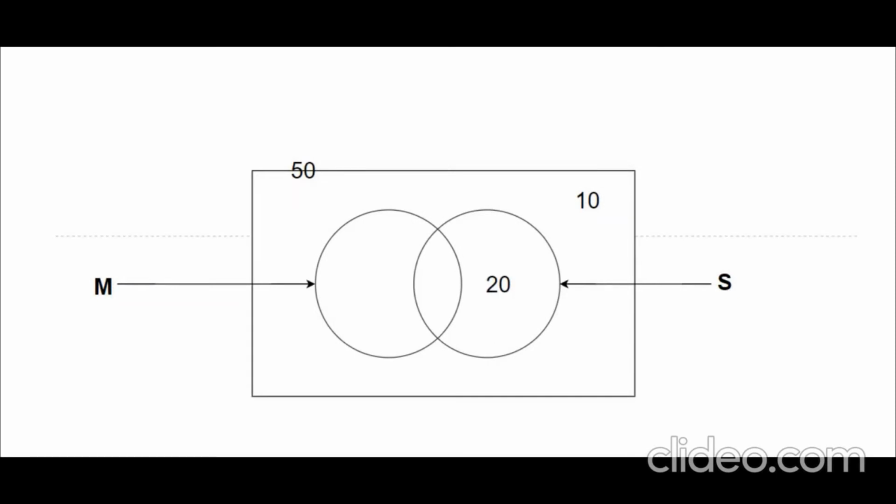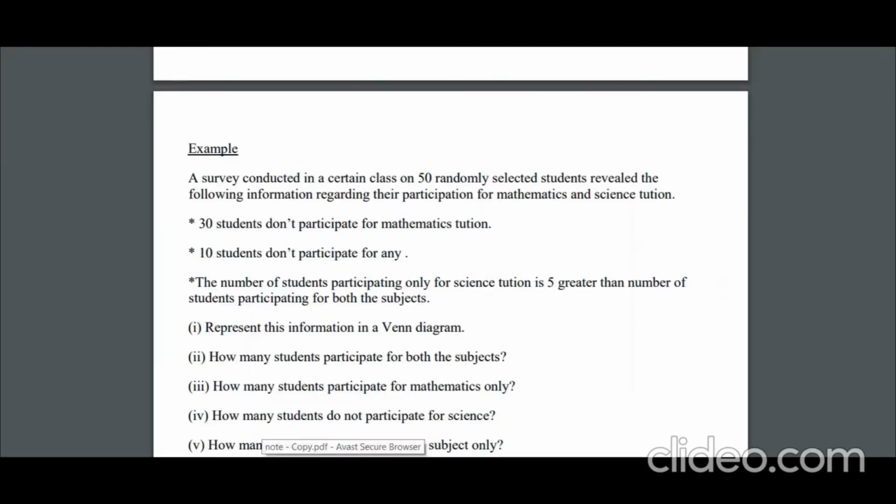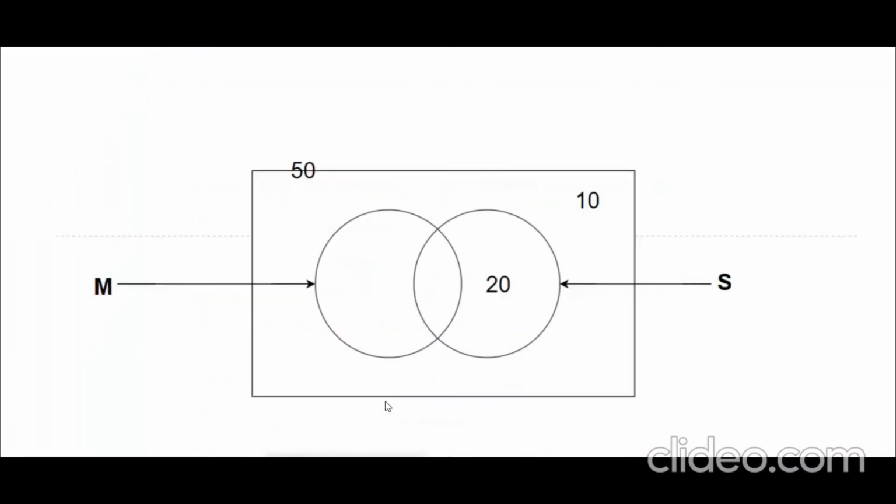So let's go back to what we know. The third point, the number of students participating only for science tuition is 5 greater than the number of students participating for both subjects.